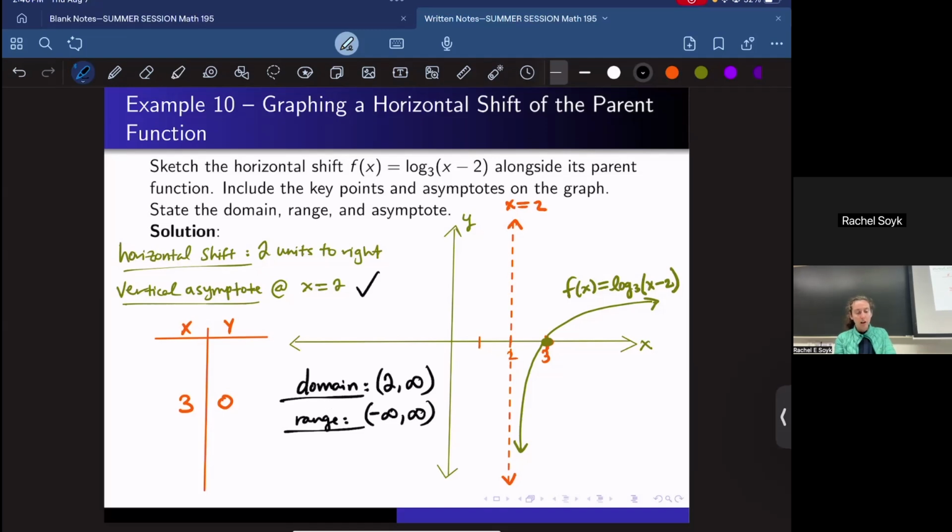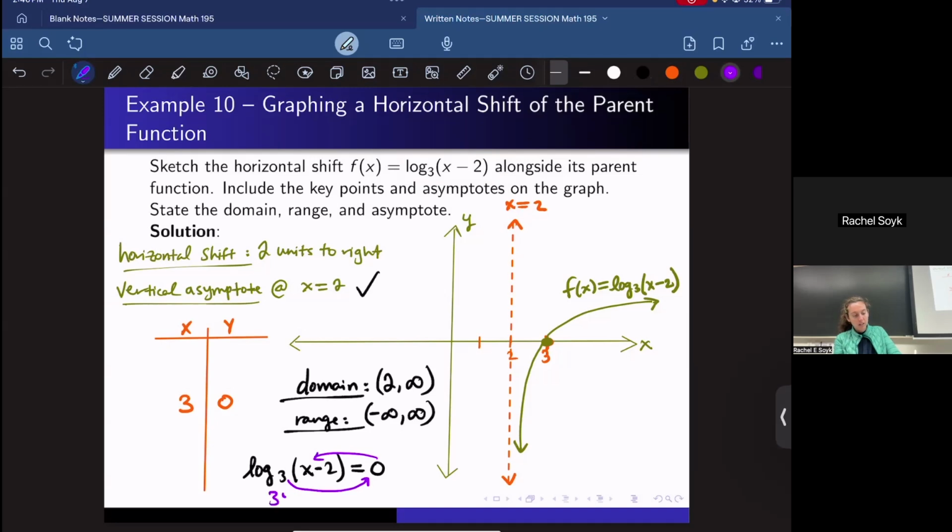Good question. I always do the when y is equal to 0, what is this whole thing? And the reason why I do that is, so we have log base 3 of x minus 2 is equal to 0. Because I know that in exponential form, 3 to the 0 power always gives you 1.